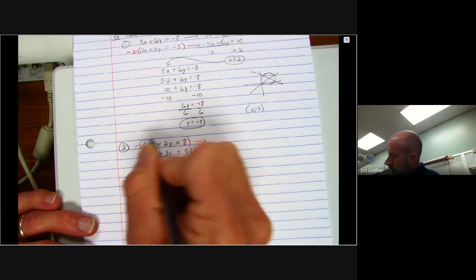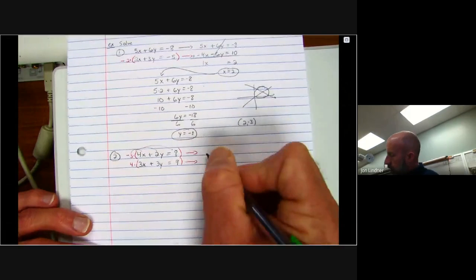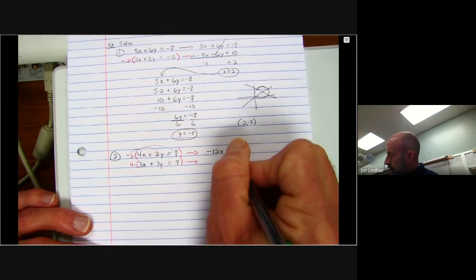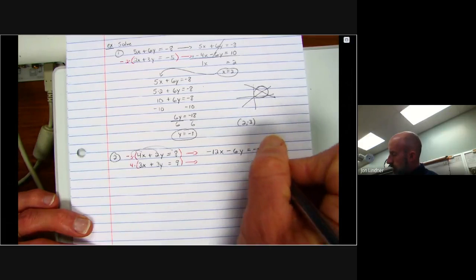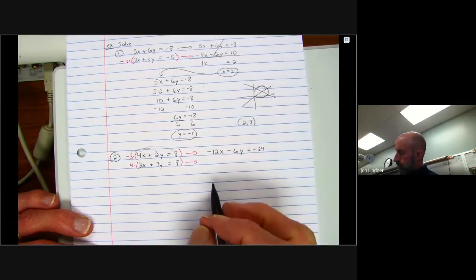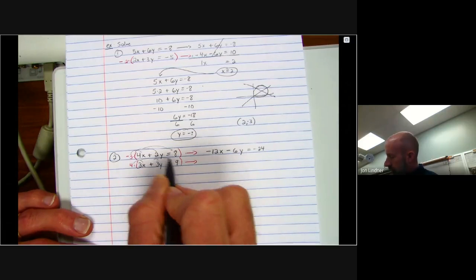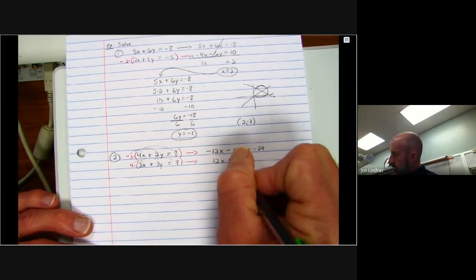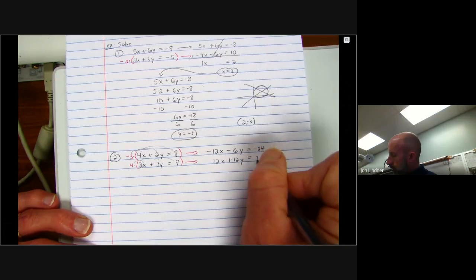So if I distribute this multiplication through, I have a new equation of -12x minus 6y equals -24. The bottom equation, when I distribute the multiplication with the 4, I have +12x plus 12y equals 36.